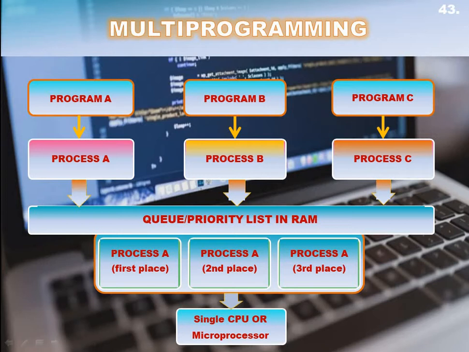Suppose in that RAM, the first place in that waiting queue is occupied by process A, the second place by some other process, and the third place, you can correct these diagrams. There is process A, process B, and process C. So according to the priority list or waiting queue inside the RAM, the microprocessor will execute the tasks of these programs.